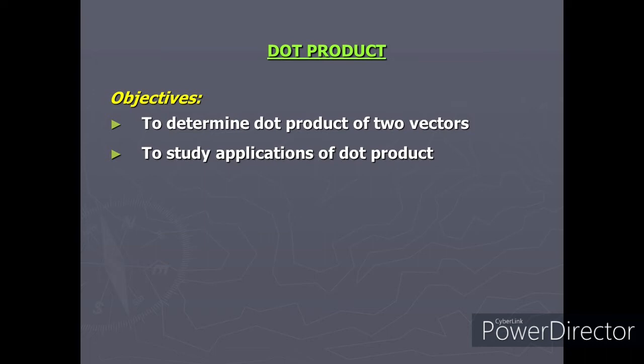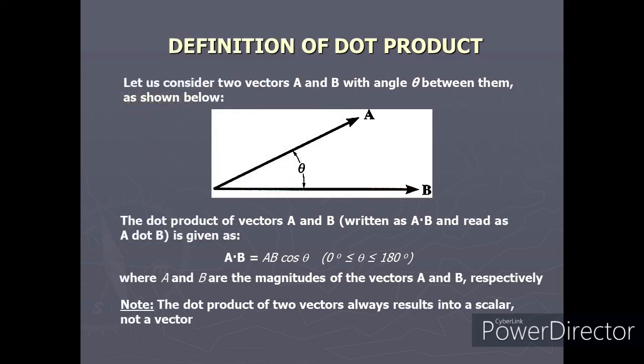So here we will just briefly review the dot product: how to determine the dot product of two vectors and to study applications of the dot product. The definition of the dot product: when you have any two vectors A and B separated by angle theta, A dot B is equal to AB cos theta. Although some may say, I know just multiplication, 2 times 3 is 6, so what is this dot and cross?